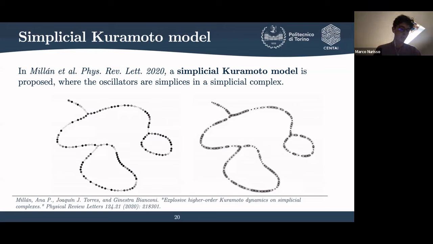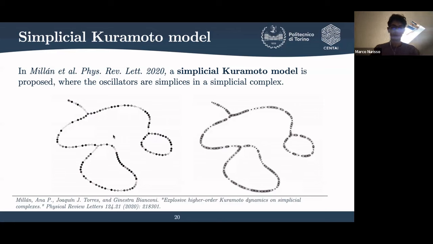And this, I think, is very interesting because it is distinguished from other kinds of generalizations because it allows you to change the meaning of the oscillators and to pass from a situation where the oscillators are the nodes and they interact through the edges to a more general one where the oscillators are the k simplices and they interact through k+1 and k-1 simplices.